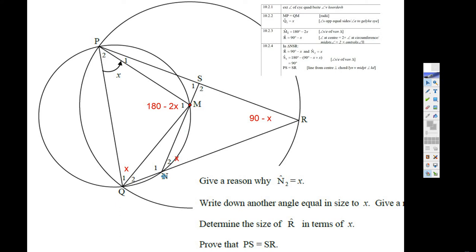That means this is a line from the center that's perpendicular to the chord. So PS equals SR, because a line from the center perpendicular to the chord bisects the chord. It cuts it into 2 equal pieces.